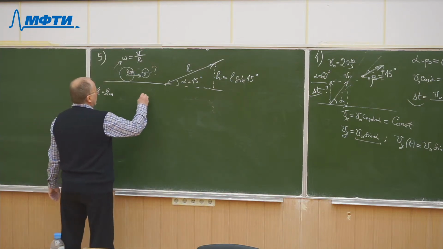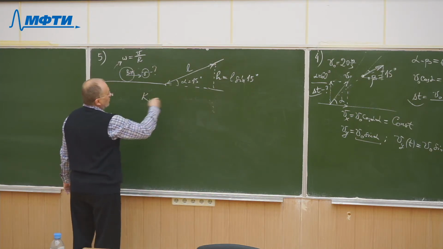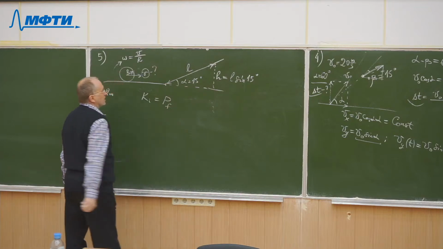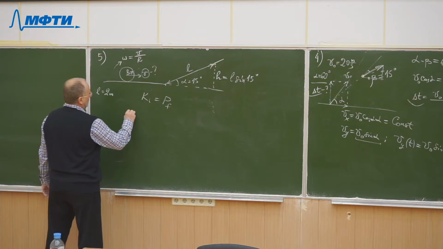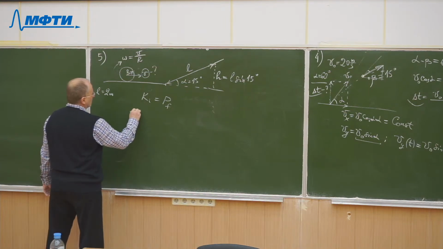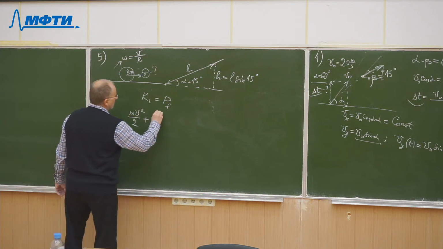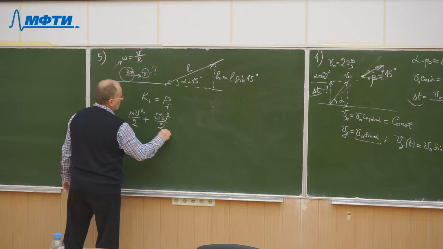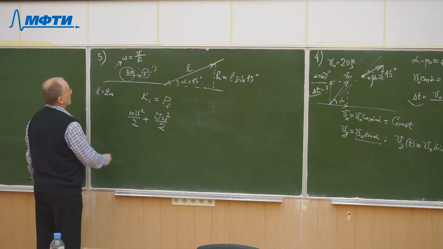So the initial kinetic energy in this particular problem must be equal to the final potential energy. The kinetic energy equals the energy of motion of the center of mass plus the energy of rotation, I omega squared over 2, where I is the moment of inertia of this disk.